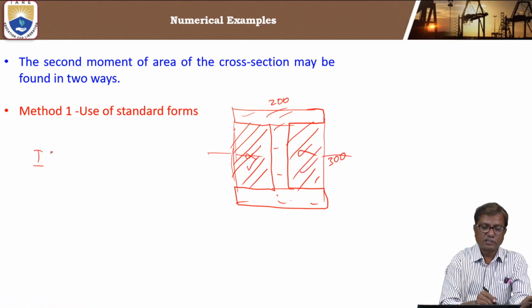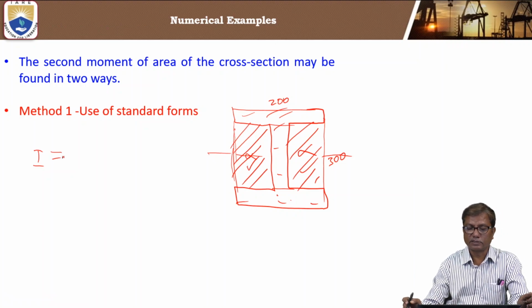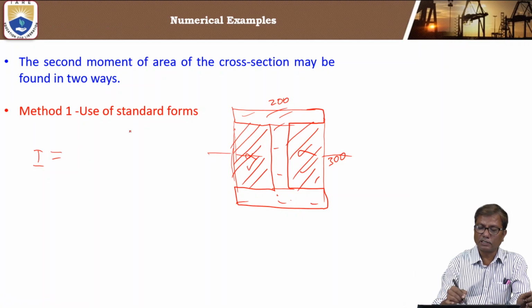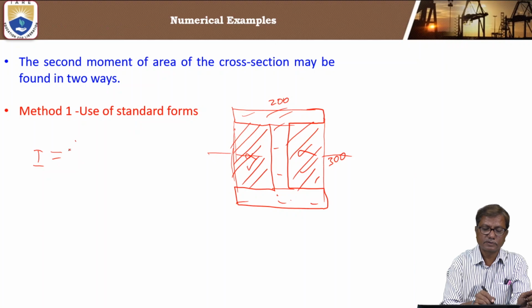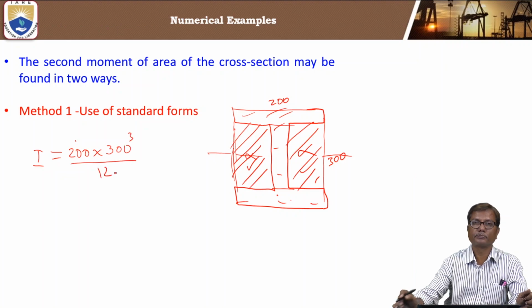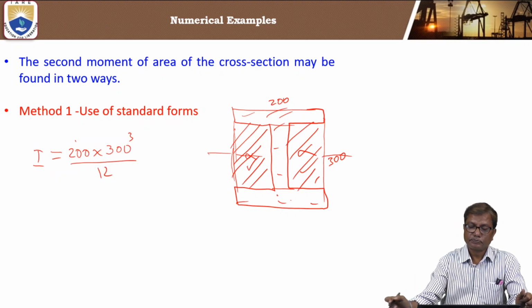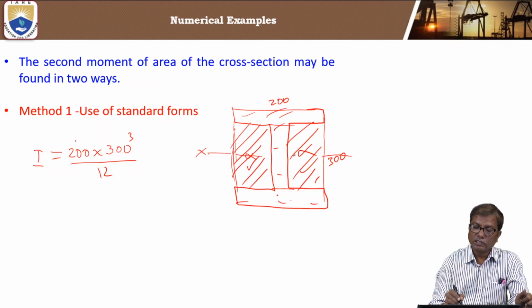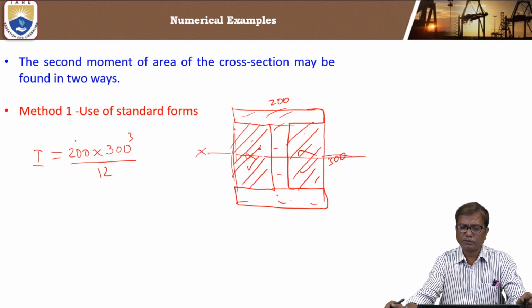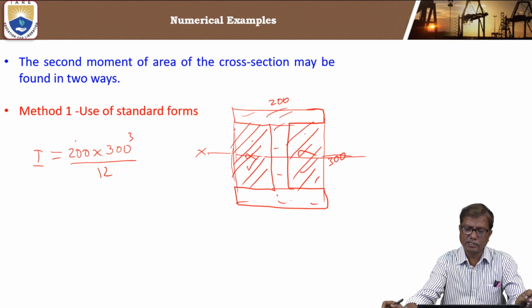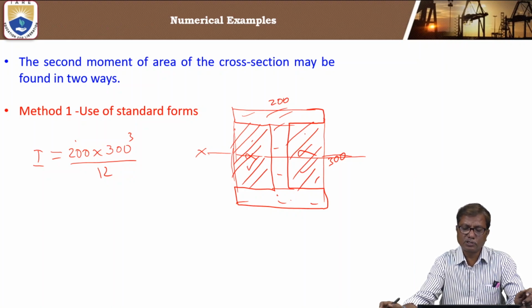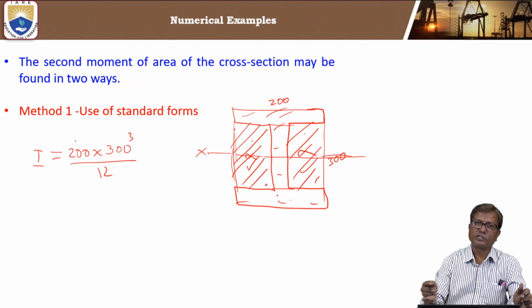The moment of inertia of the overall rectangle, for a rectangle, moment of inertia about the centroidal axis is BD cubed by 12, and the centroidal axis is the same for the overall rectangle as well as the shaded portion and for the I section also.